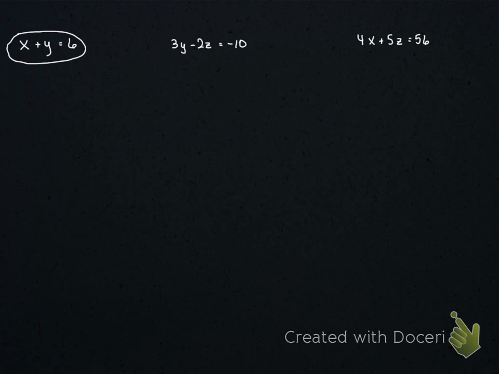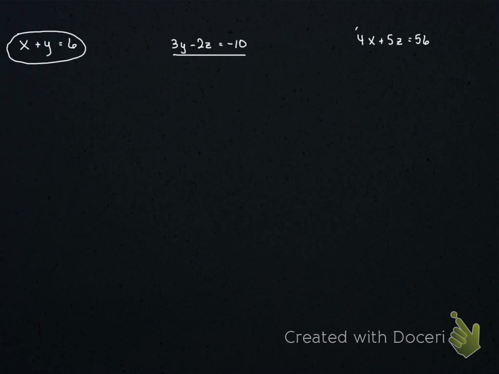So if I use, say, this equation as one of my equations in my elimination process, that means that this equation over here to the far right has to also be in terms of y and z only.